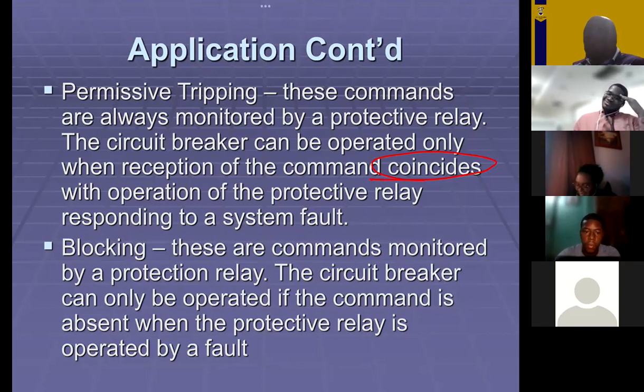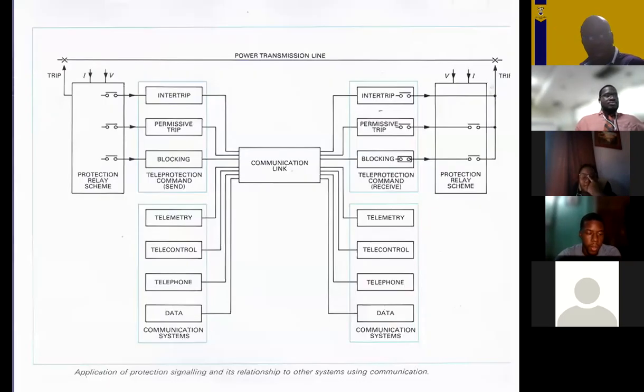All right, so what I'm going to do now is just to look at a diagram showing what is happening at either end, at each substation, and the communication in between. So we have here station 1, station 2. Good.